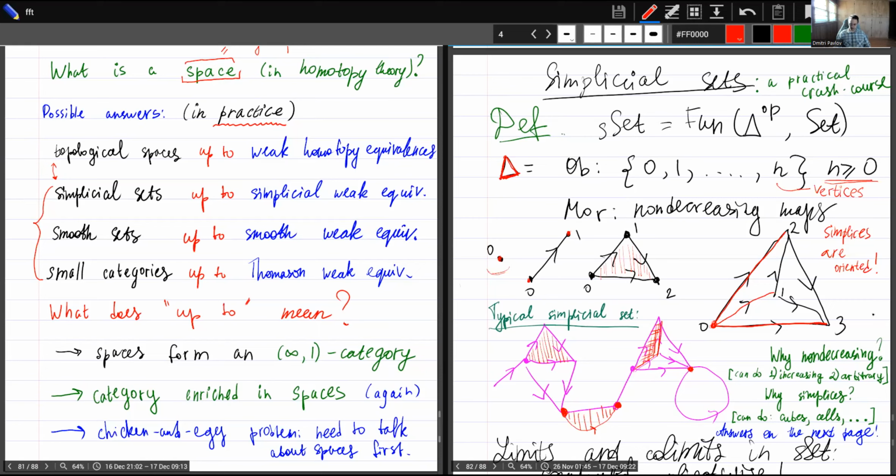So a combinatorial orientation of a simplex given by the ordering of its vertices induces a genuine orientation of the corresponding simplex embedded into R3, or Rn more generally.